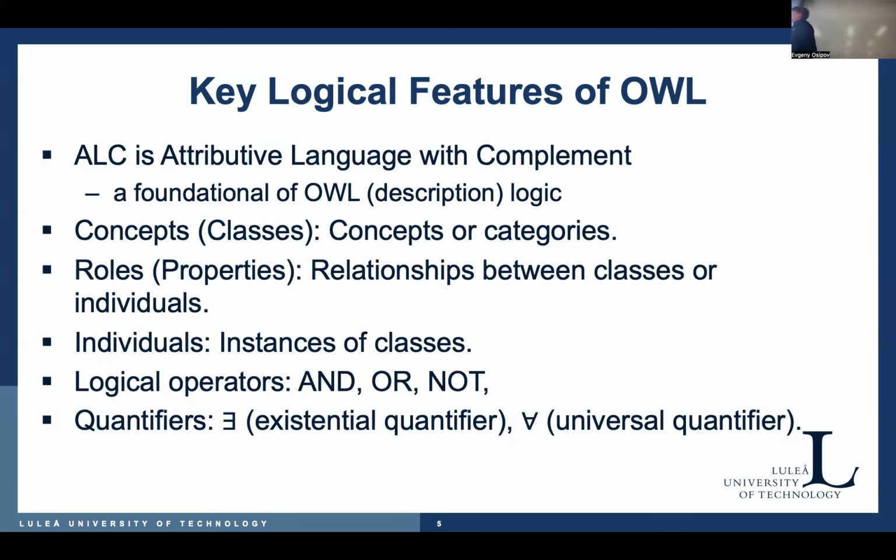I have a slide later on showing about 8 more of increasing complexity and expressiveness, but they can all be viewed as extensions of this one. So ALC is the simplest one to demonstrate how and what kind of inferences are possible, and also how reasoners are implemented.